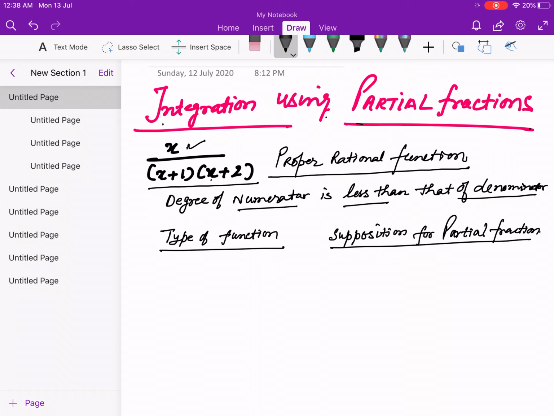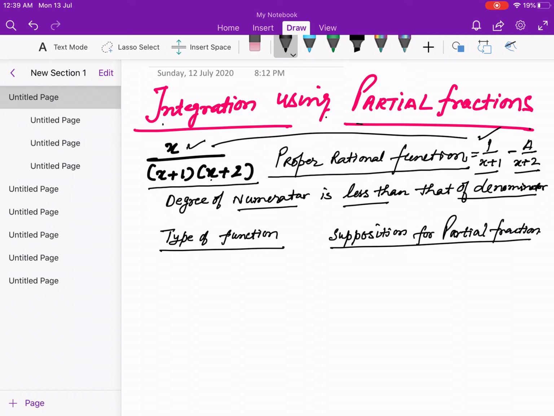Now what is the application of partial fractions? If somehow I can write this expression separately as this minus something, a upon x plus 2, since these are two separate fractions, I can integrate them.